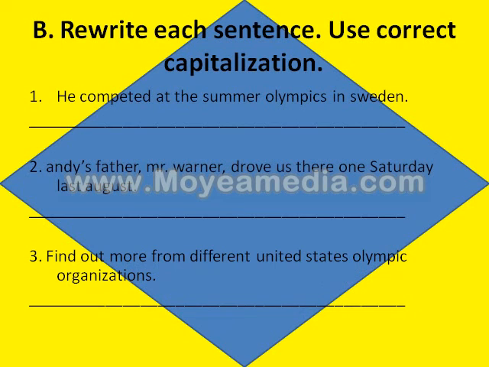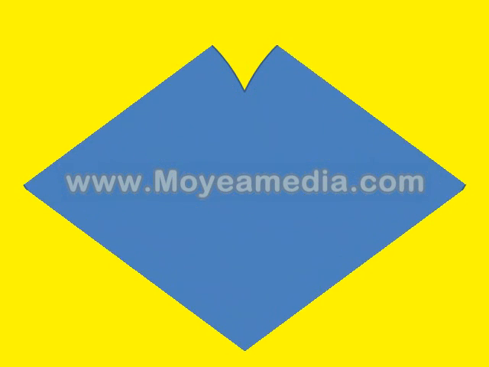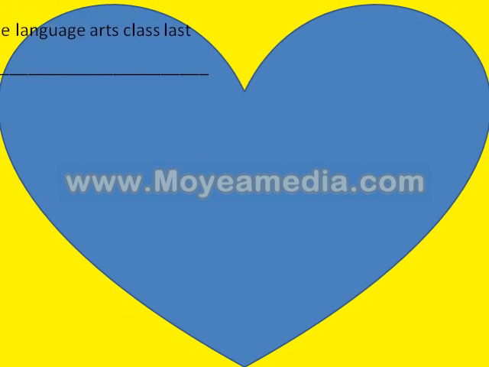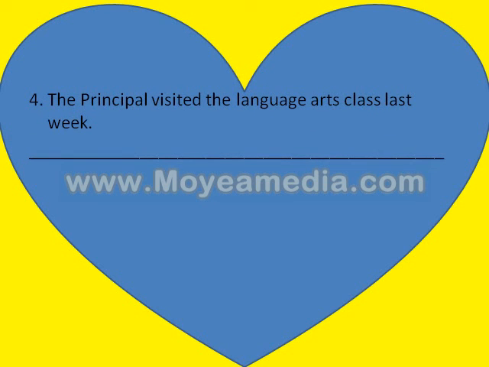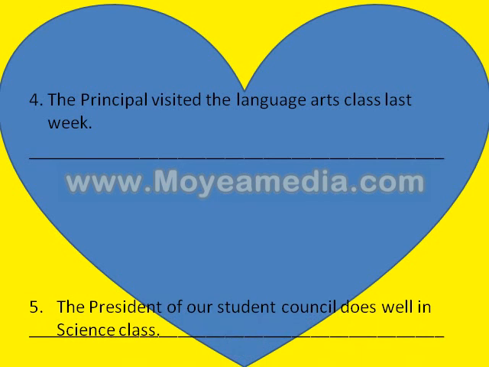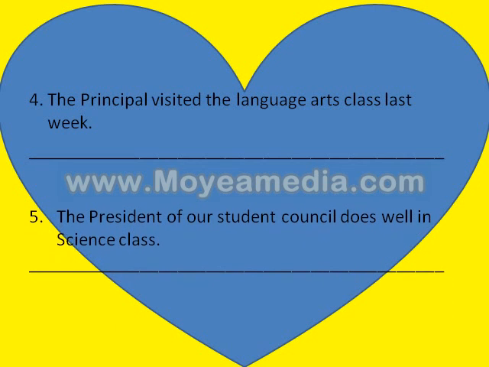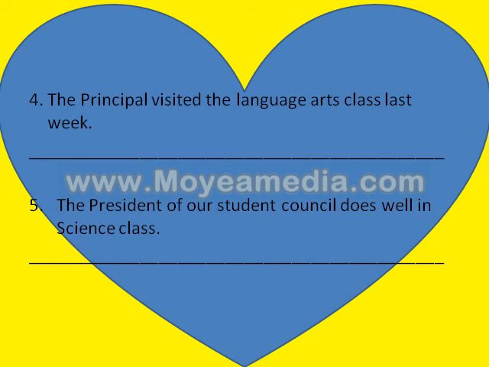Number 3, find out more different United States Olympic organizations. I will check your work once you're done. Keep going. Number 4, the principal visited the language arts class last week. And number 5, the president of our student council does well in science class. Work well.